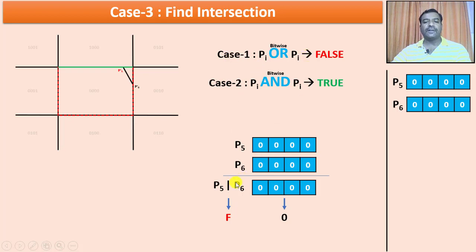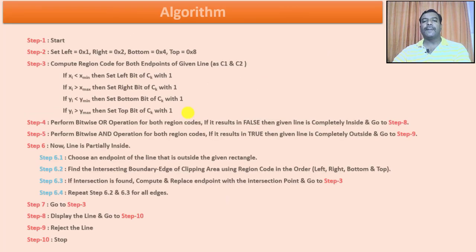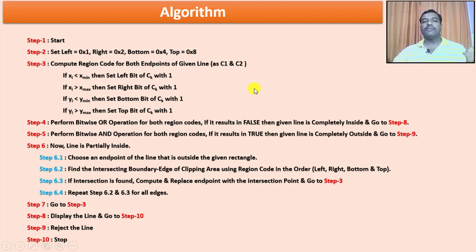Hence the case 1 I am ending with false, and the case 1 is success, as this complete part of the line should be accepted right now. Though it is a partial line, right now it is the complete line inside the clipping area. Hence this complete line, which has been clipped with intersection, should be accepted completely. Hence we are going to end with this algorithm.